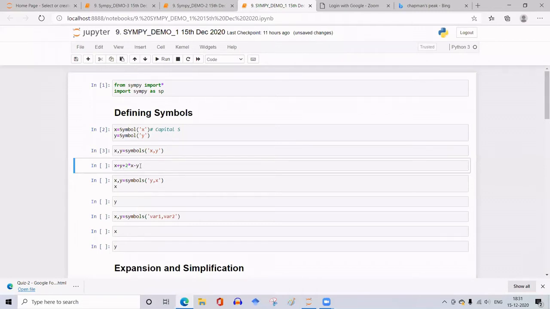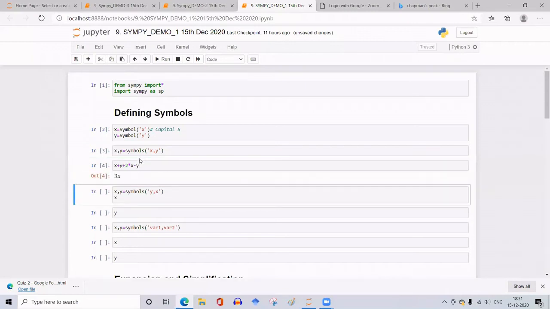Even if any simplification has to be done, it will do that and give the expression. So what is the simplified version of this? 2x plus x is 3x, and y and minus y get cancelled. You get the result as 3x. So even though I have written it as an expression, it has simplified it and given the output as the result of the simplified version.